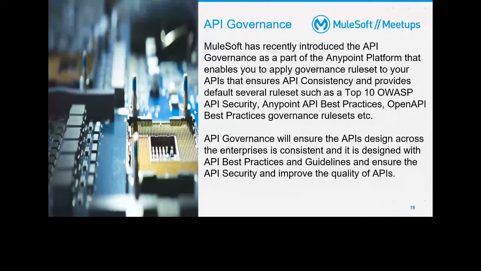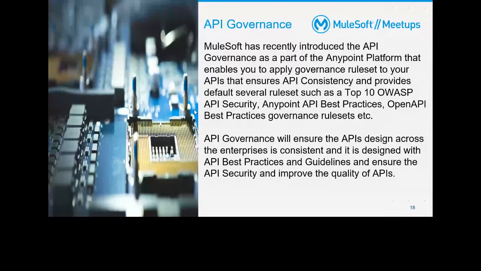You can apply these to your OpenAPI, RAML or AsyncAPI specification to ensure it is a quality API spec. The main purpose of API governance is to get consistent, compliant API specs designed with best practices and guidelines.